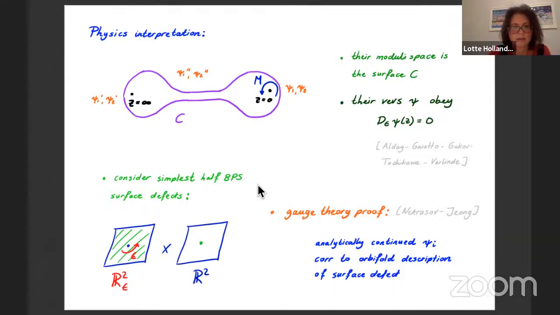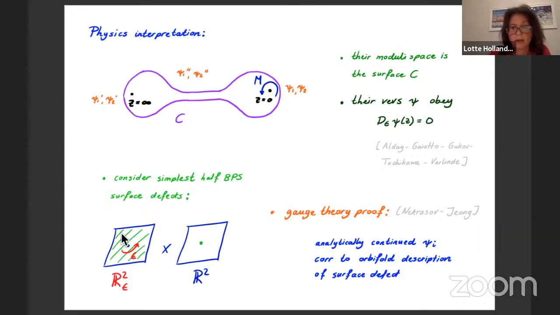This is in terms of surface defects. The solutions that we consider, psi1, psi2, and all the solutions with primes, correspond to VEVs of half BPS surface defects, which are located in this R2 epsilon.